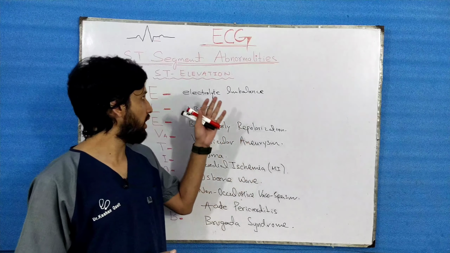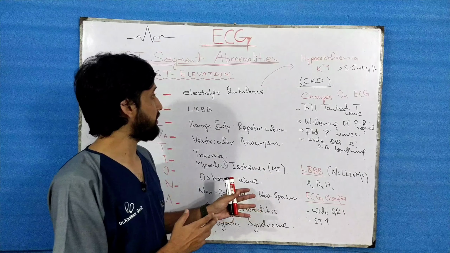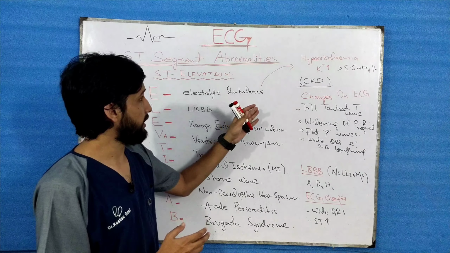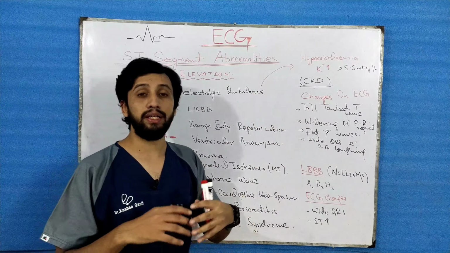We will discuss step by step the causes for ST segment elevation. Number 1 here is electrolyte imbalance. In electrolyte imbalance like hyperkalemia, there will be an increased potassium level, greater than 5.5 milliequivalents per liter, usually seen in a patient like a stage 5 CKD patient.